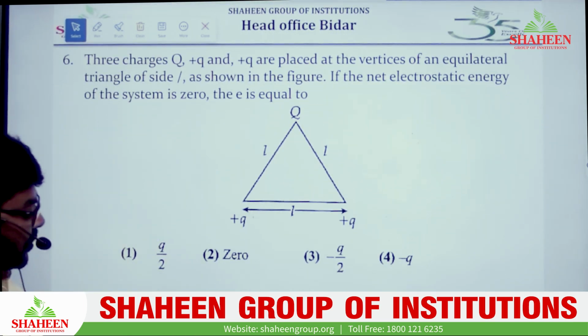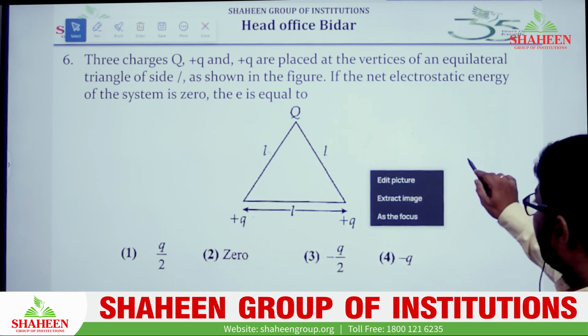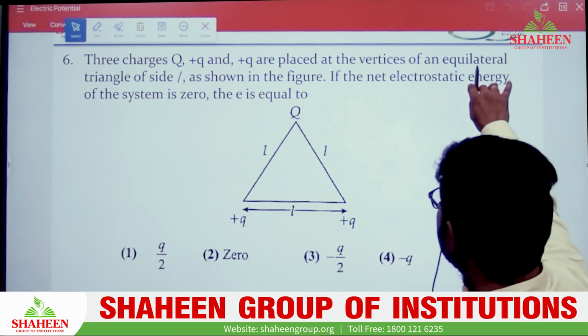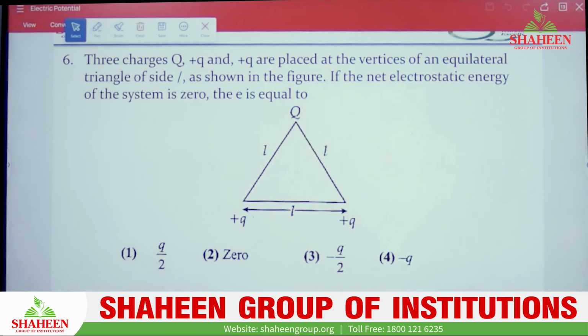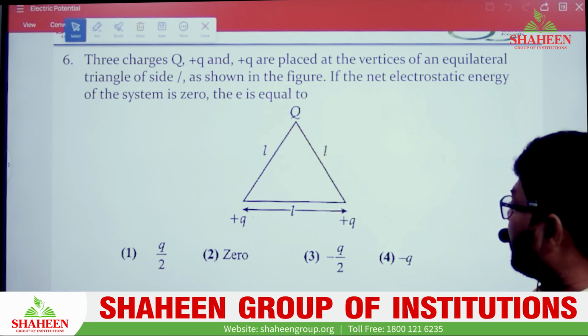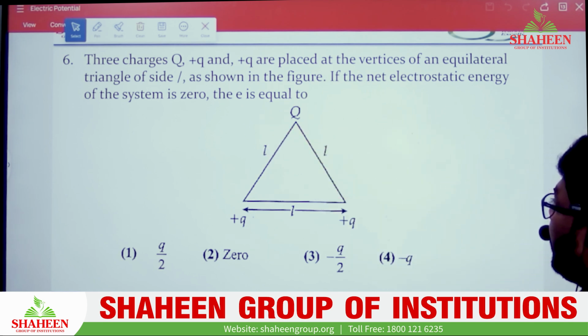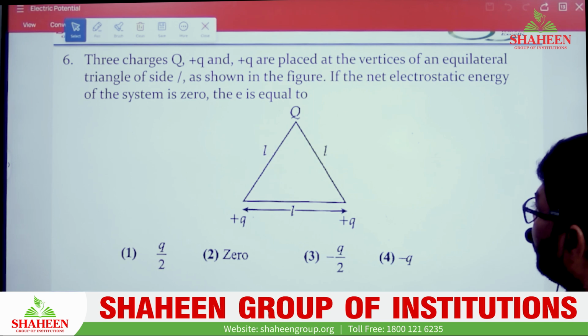Three charges, Q, Q and Q, are placed at the vertices of an equilateral triangle of side L as shown in the figure. If the net electrostatic energy of the system is 0, then Q is equal to how much?